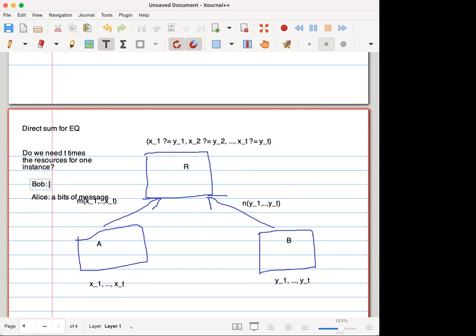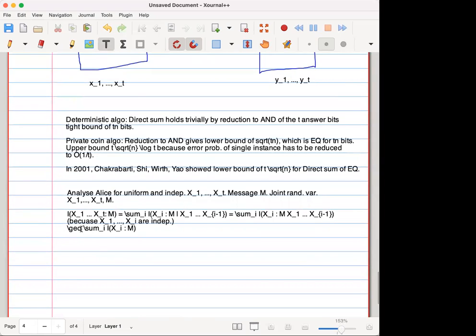Bob's message is B bits, as before. So what have I concluded? Remember, the mutual information between x1 through xt and M is less than A, because M is supported on A bits only.